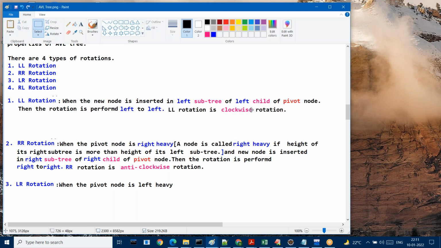Now it's becoming very simple, guys. Same way, sir.